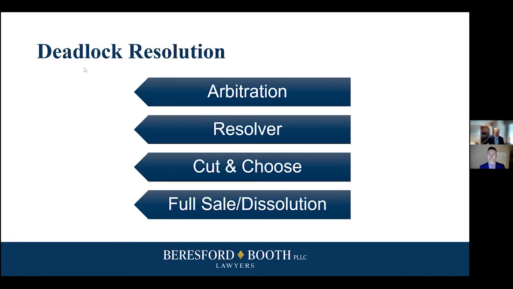So again, a perfect example with Caleb and I. Here we are, and we can't agree over what we're going to do, but we have an LLC agreement or a shareholder agreement that says mom is going to break the tie, brother is going to break the tie, sister is going to break the tie, or somebody outside the family.